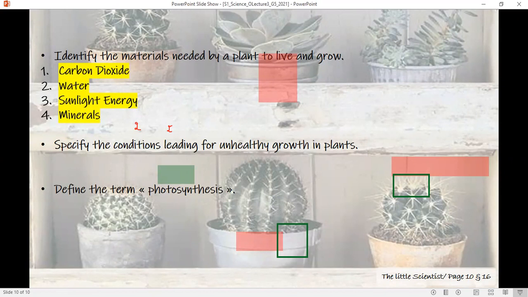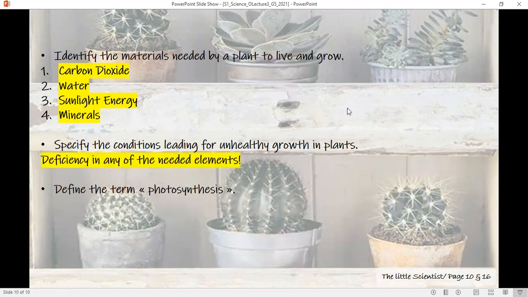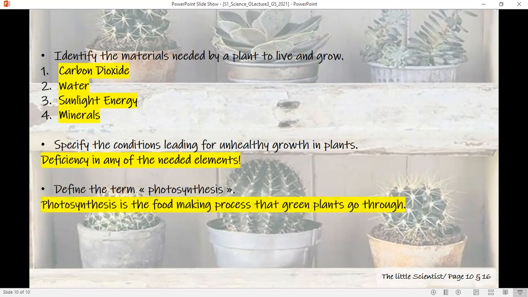Plants also use minerals from the soil. If a plant lacks any of these elements, it will die in a short time. So the plant needs to get all its needs. What is photosynthesis? It's the food making process that green plants go through to produce their own food, and for this we call green plants producers.